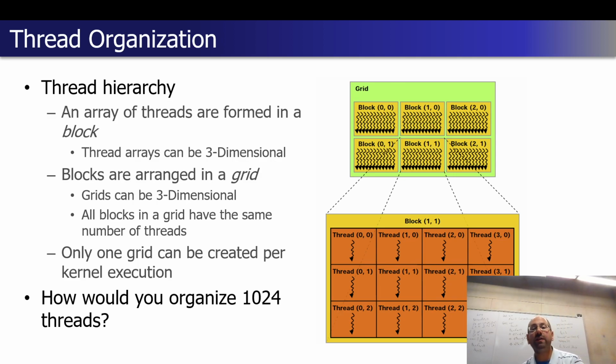Oftentimes the challenge from the programmer's perspective when doing CUDA is how do we keep the GPU kind of full and busy and always doing work? And it turns out there tends to be kind of a bit of diminishing returns, but to get to that point, you have to have a sufficient number of these blocks to make sure the GPU is always doing some work. Because the thought is, if the GPU is always as busy as it can be, you're probably doing a pretty good job in terms of extracting some parallelism back out of your application.